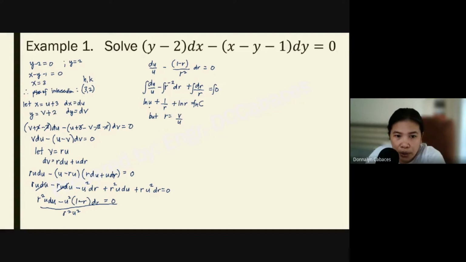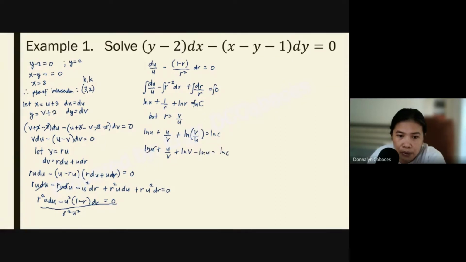Then we substitute ln of u plus 1 over r, so 1 over v over u, that is u over v, plus our ln of r, which is ln of v over u, is equal to ln of c. Applying the property of ln, this is u over v plus the ln of the difference, ln of v minus ln of u, is equal to ln of c.